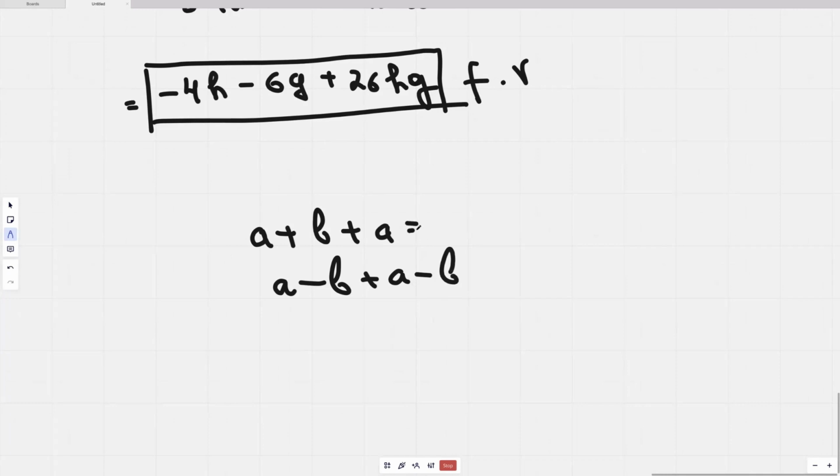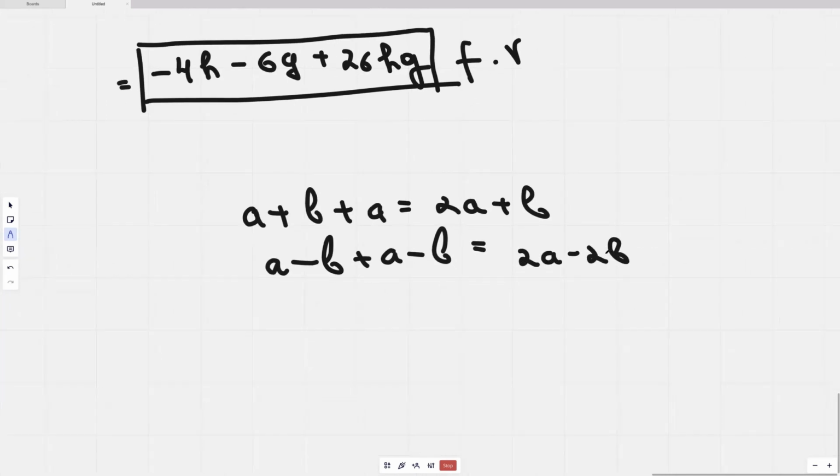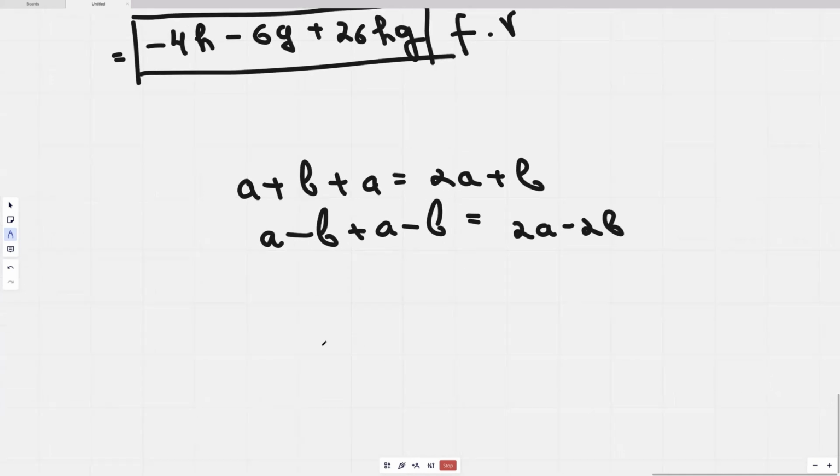Only if the things between are positive or negative signs can we do expressions like this. For example, here one is equal to 2a plus b, and here 2a minus 2b, right? Only the plus sign or the minus sign.